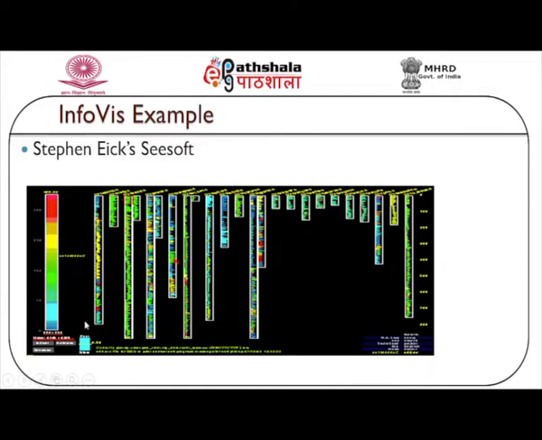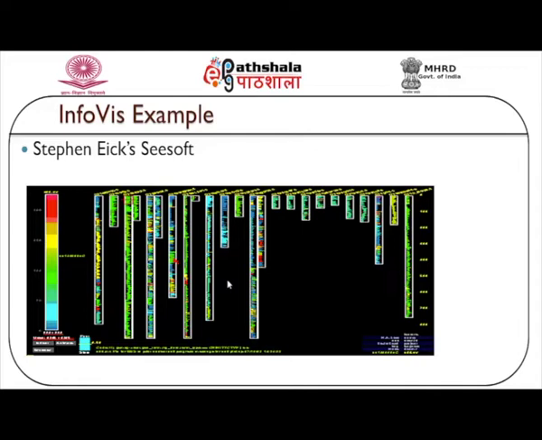So this entire line segment tells at what time and how many times the source code has been modified for these sets of lines. Similarly, we have the source code modification data visualized using this Stephen Eick's SeeSoft tool.